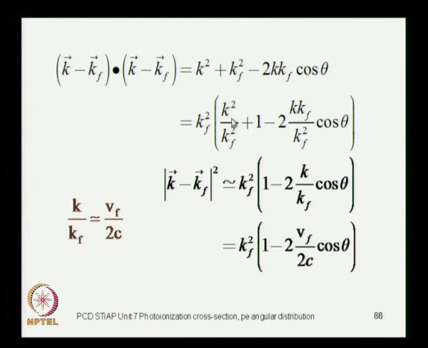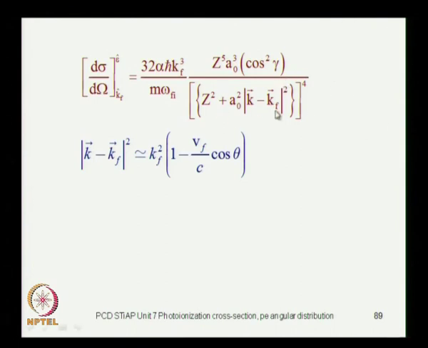Okay. So, you can ignore this term and you have the rest of it, which is kf square times, this becomes ignorable compared to 1, okay, and then the rest of it is 1 minus Vf over c times cosine theta. So, these are some of the details of the Born approximation.